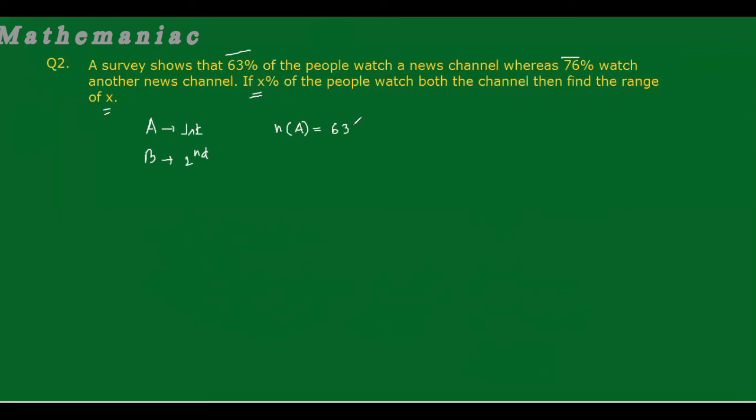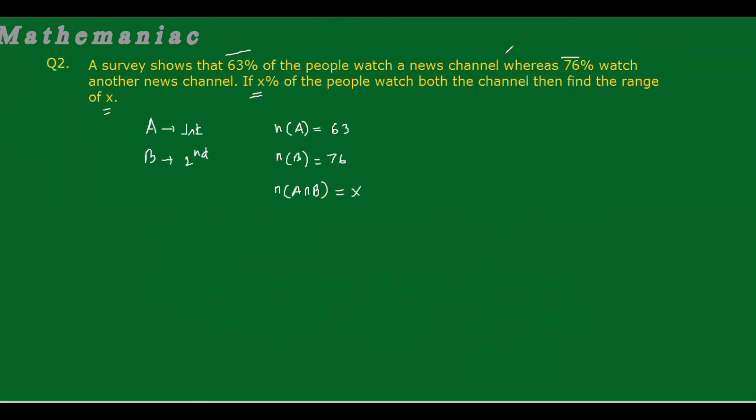I am not writing percentage because if I consider the totality to be 100, it will be 63, and this is 76. And watching both the channels is X, right?